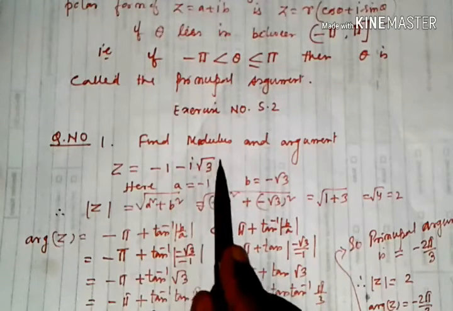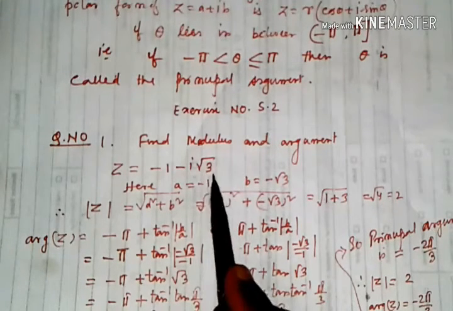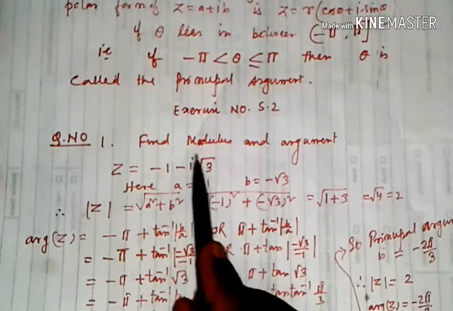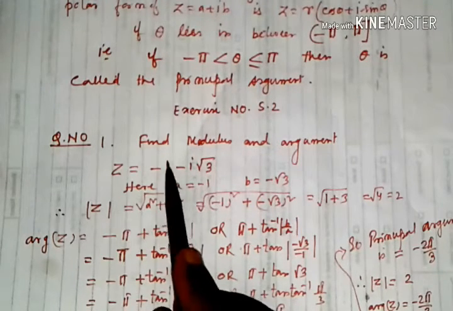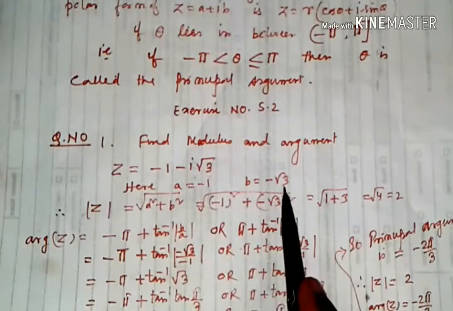At first we have to check whether it is in a + ib form or not. If it is, then we write a and b. Here it is in the a + ib form, therefore a is the real part, and b is the imaginary part, minus root 3.